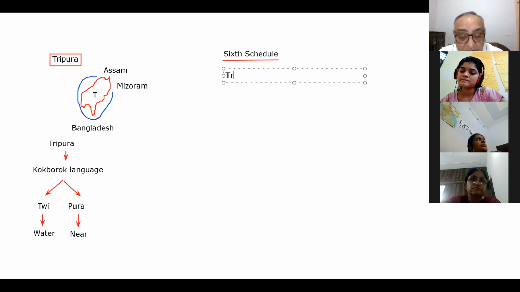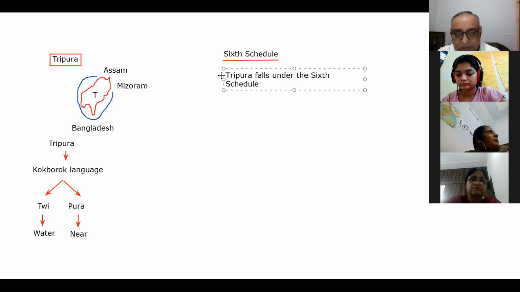That is important. Tripura falls under the Sixth Schedule. This is one important thing.